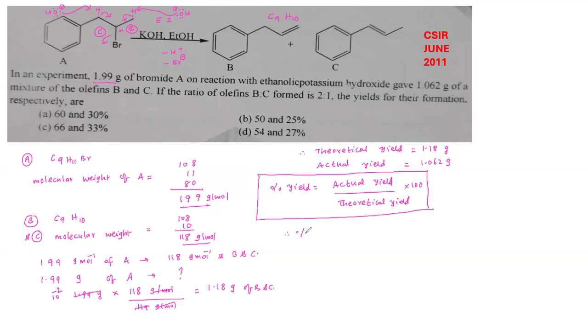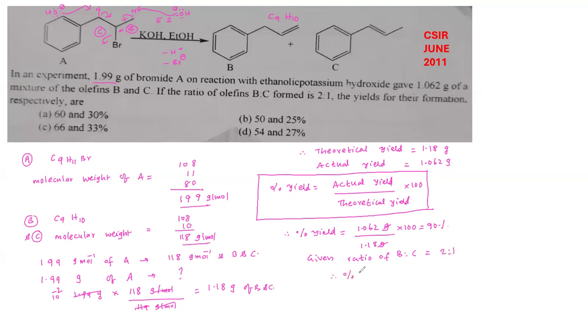Therefore, the percentage of yield becomes equal to the actual yield, 1.062 gram, by 1.18 gram into 100. If we do this calculation, 1.062 into 100 divided by 1.18 is equal to 90. So this becomes 90%. But the given ratio of B is to C is equal to 2:1.